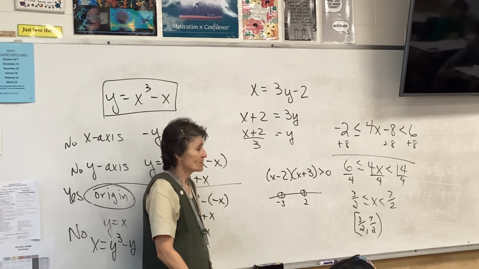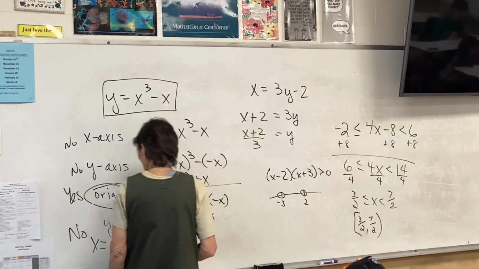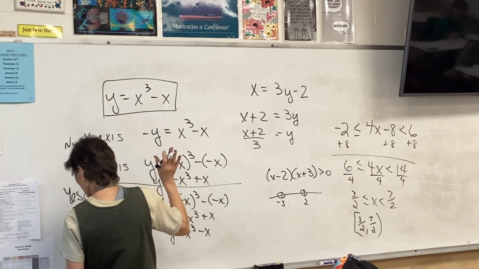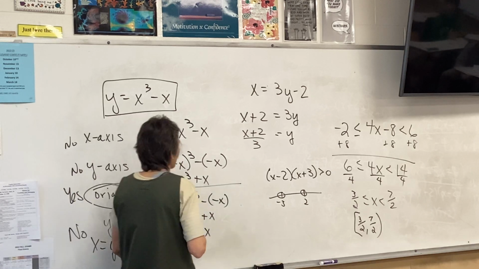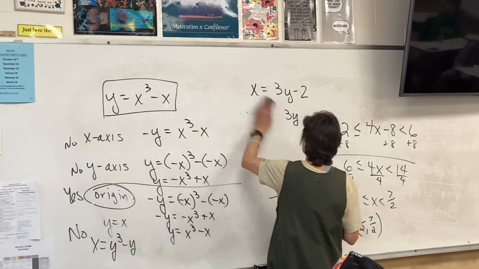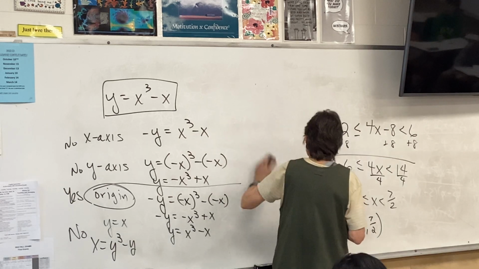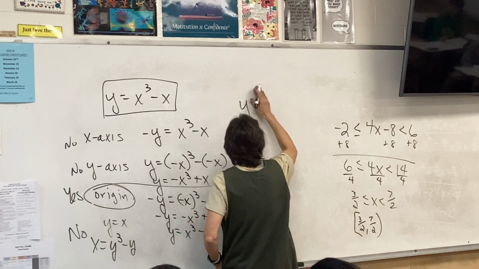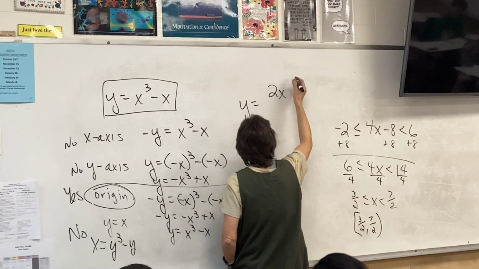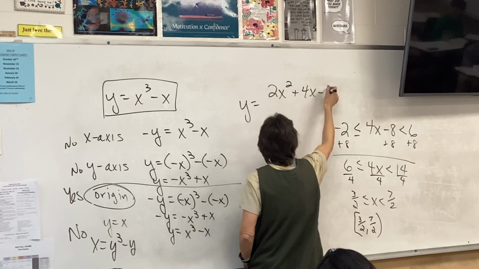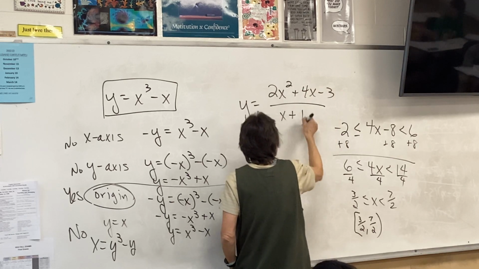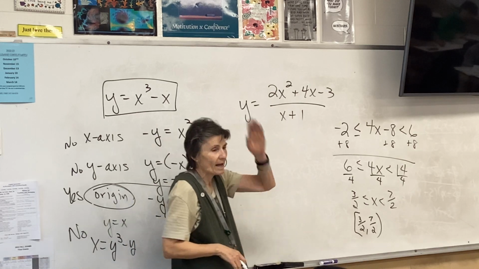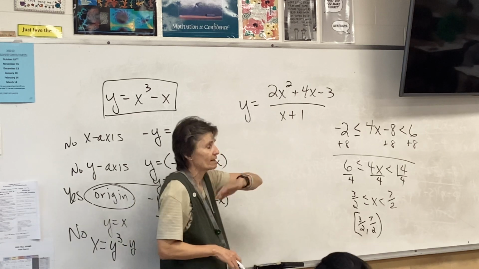All right, somebody said, do a problem with a slant asymptote. So one of the first problems we did was a big one, and we had to graph this. Remember, we had asymptotes, intercepts, holes, and all that.